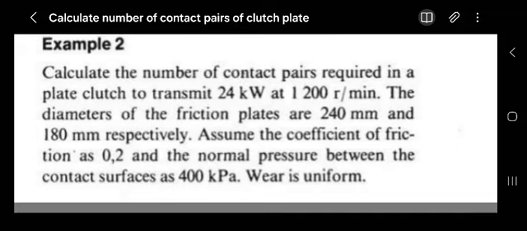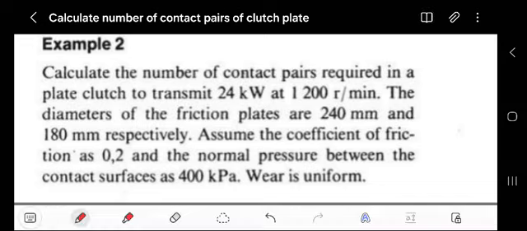We're given question 2, which reads as follows. Calculate the number of contact pairs required in a plate clutch to transmit 240 kilowatts at 1200 revolutions per minute.